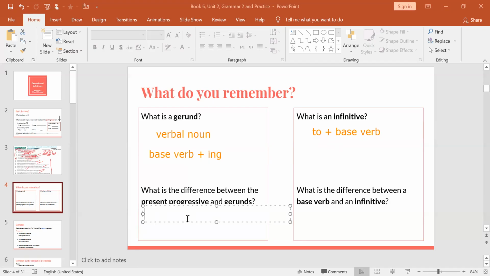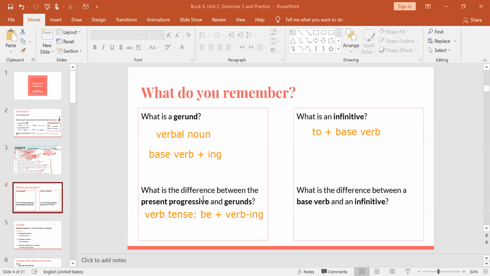The present progressive is a verb tense that has be plus verb ing.